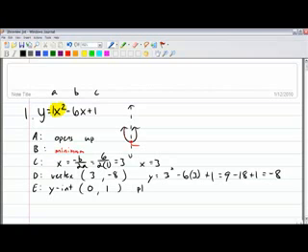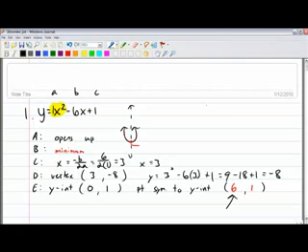The point symmetric to the y-intercept, the x value of that point is going to be double the x-coordinate on your vertex. So the x-coordinate on your vertex is 3. So this will be 6. The y-coordinate is going to be whatever the y-coordinate of your y-intercept is. So 1.